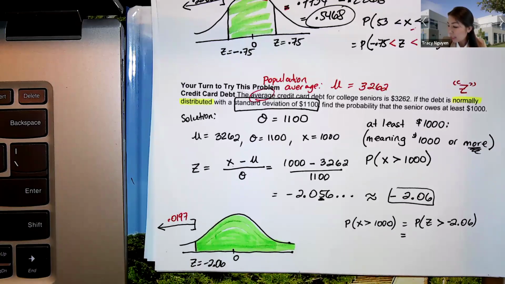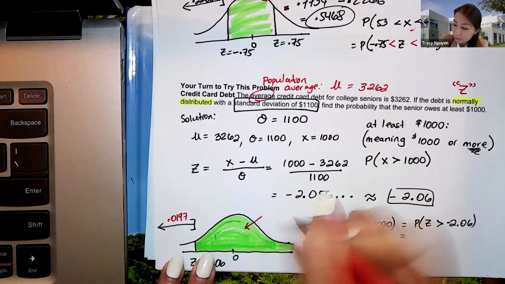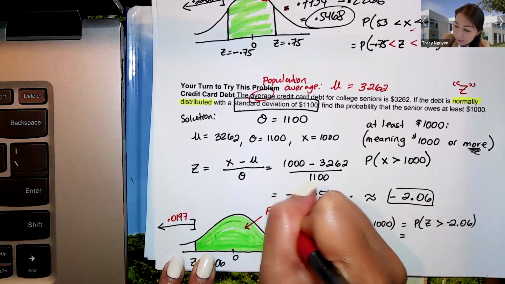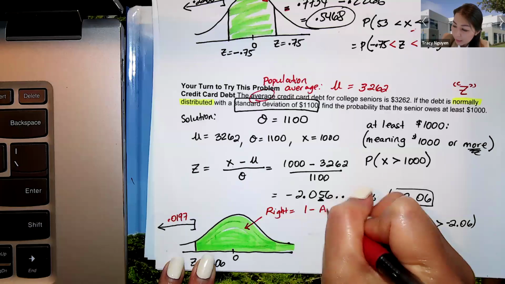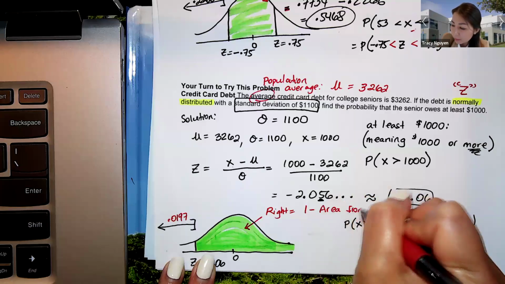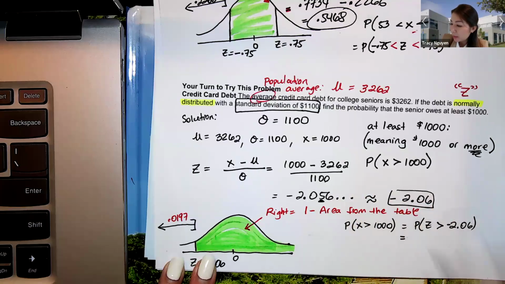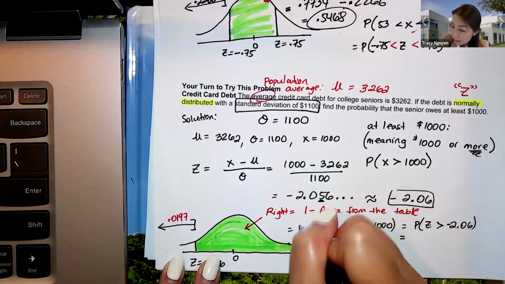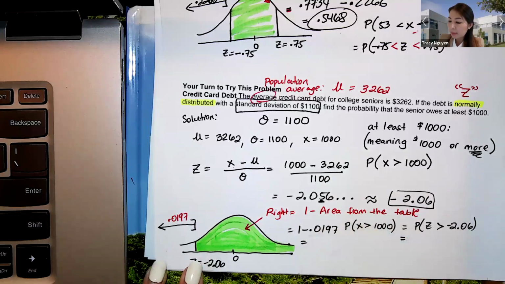And as you already know from our procedure, the area to the right equals 1 minus the area from the table, which means we're going to take 1 minus 0.0197, and let's find out what we get.